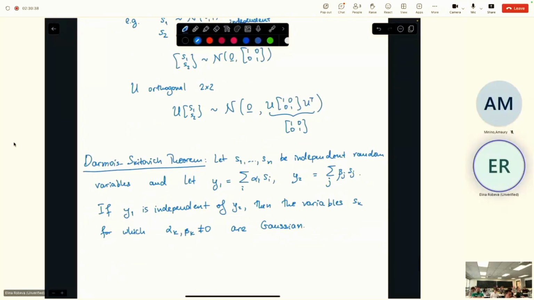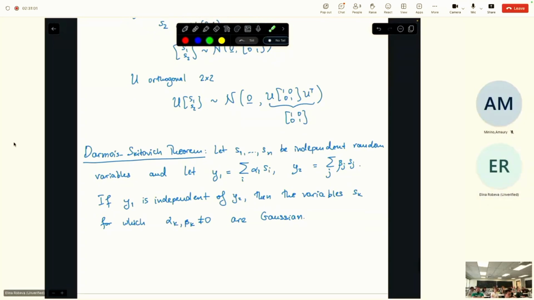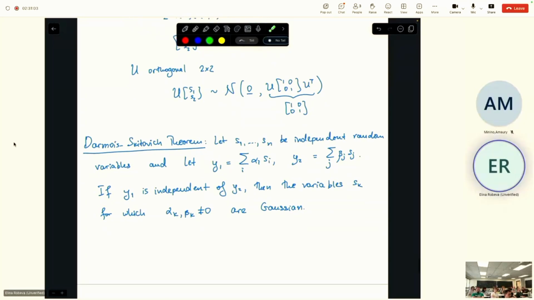So what this is saying is, if you can find two linear combinations that are independent, then the only coordinates for which both the alpha and the beta are non-zero have to be Gaussian. Which seems like a very strong statement. And if they're not Gaussian, then either alpha or beta has to be zero. All right, so some food for thought.